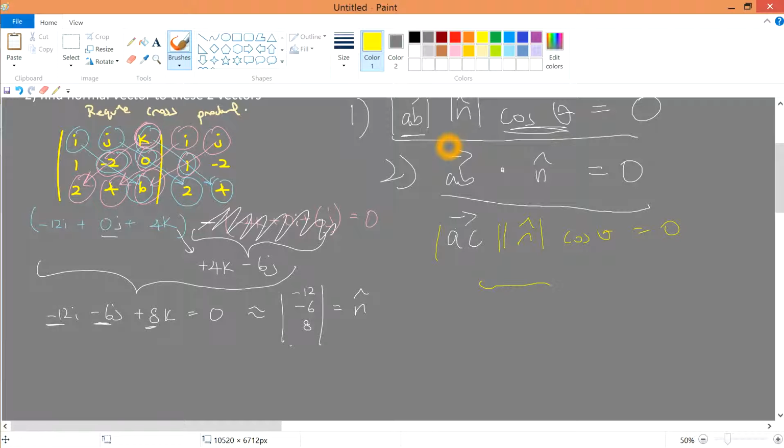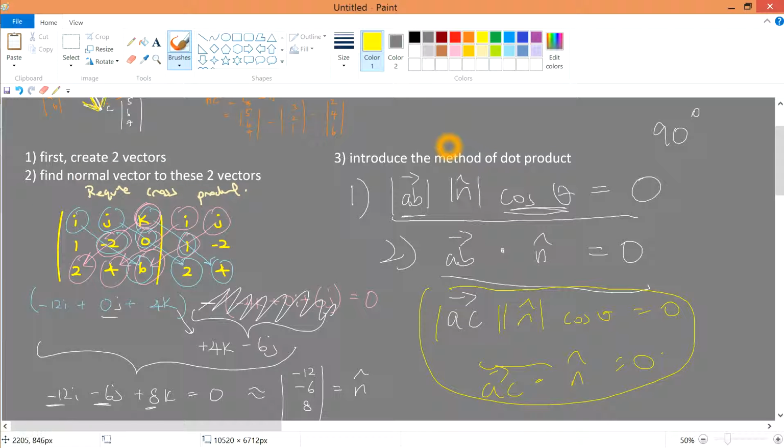Generally, you can write it in terms of this or in terms of this. But please take note that this is not the equation of the plane yet, but it's almost there.